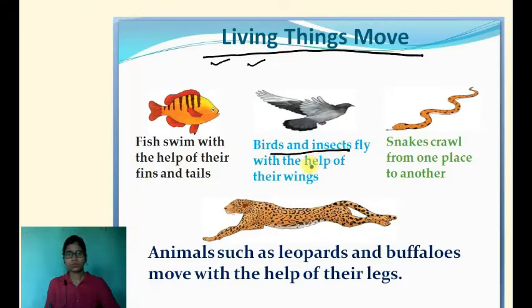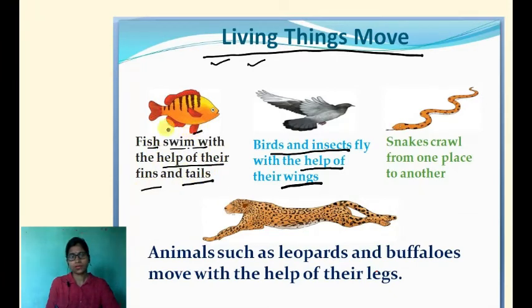Birds move to find trees to build their nests. How do birds move? With the help of their wings. How do fish move? Fish swim with the help of fins and tails. With the help of these, the fish can move from one place to another.